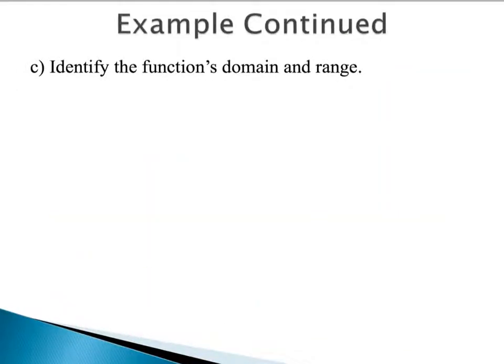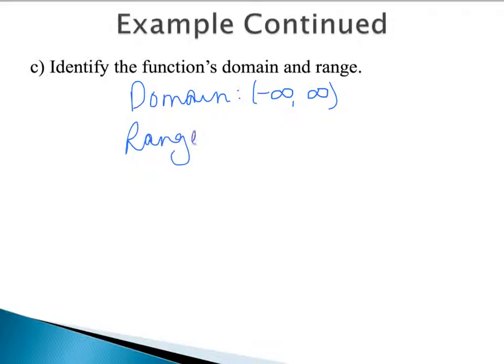Now that we've found that minimum value, we can also identify the function's domain and range without having to graph it. Like we were talking about before, your domain is always going to be negative infinity to positive infinity. Any polynomials that you have, we don't have any restrictions in terms of the values we're allowed to plug into the function. But then our range is going to depend on what we just found for our minimum value.